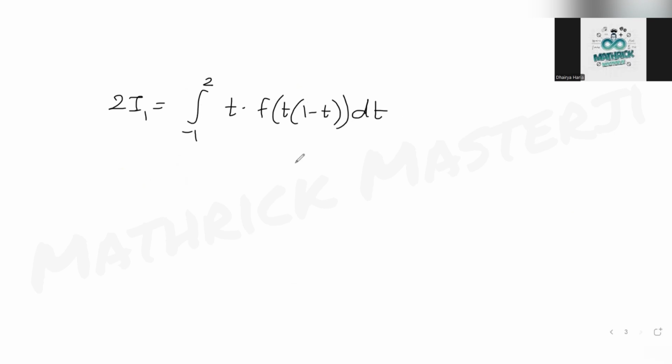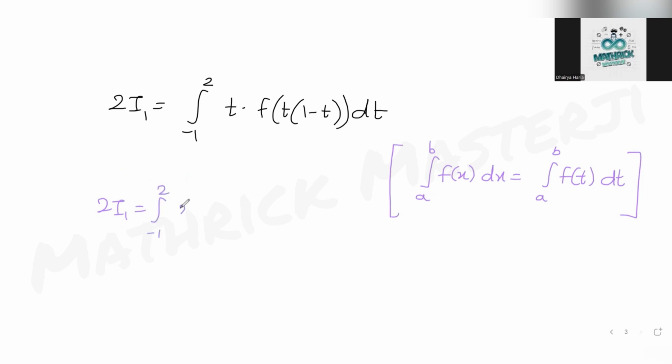Now, applying the property of definite integrals, the integral from a to b of f of x dx can also be written by just changing the variable as f of t dt. Using that same idea, I can write 2I1 is the integral from minus 1 to 2 of x into f of x into 1 minus x dx.